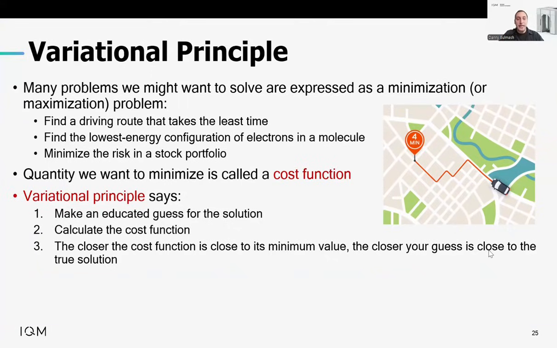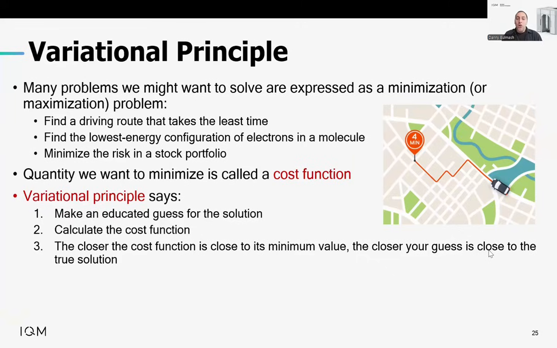Or maybe if we're doing chemistry, we might want to find the lowest energy configuration of electrons in a molecule. Or maybe we have a stock portfolio and we want to set it up so that we minimize the possible risk. So all of these things, we want to find the lowest of something. We want to minimize something. And that's an interesting set of possible problems.